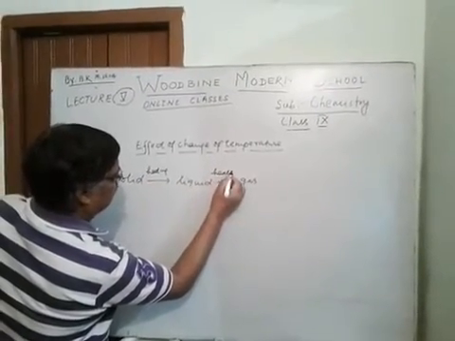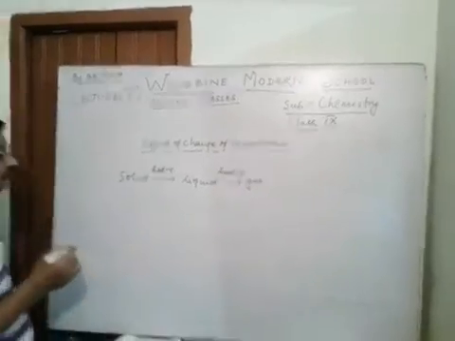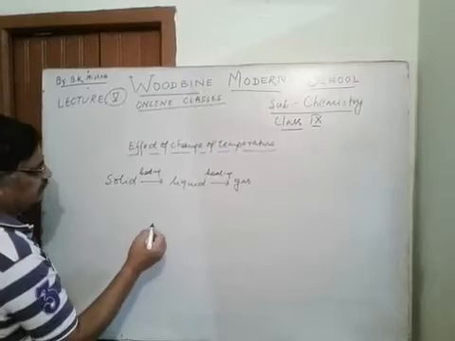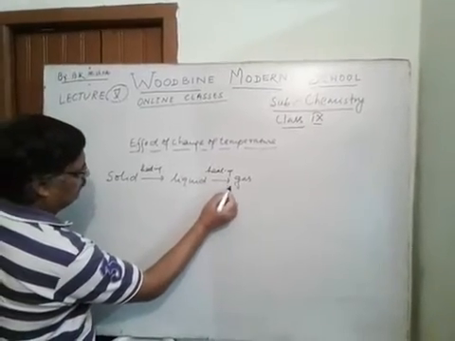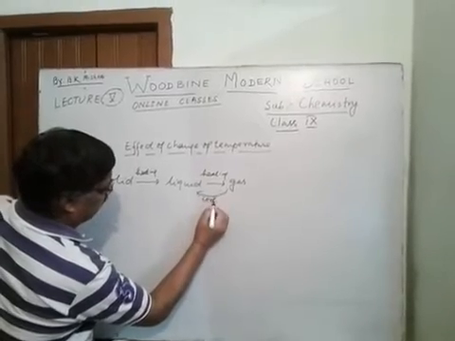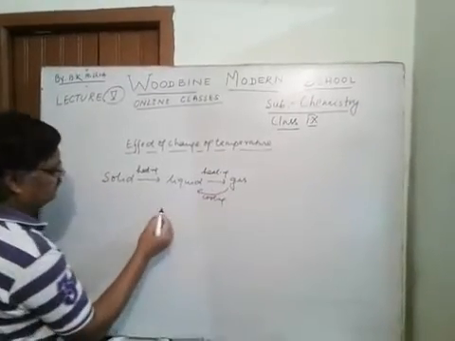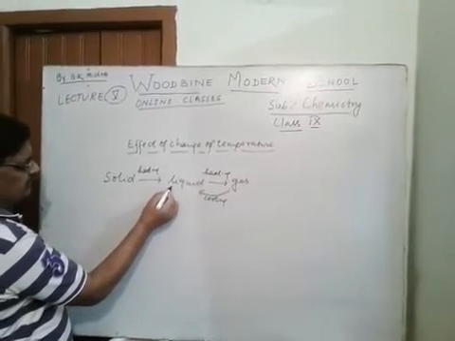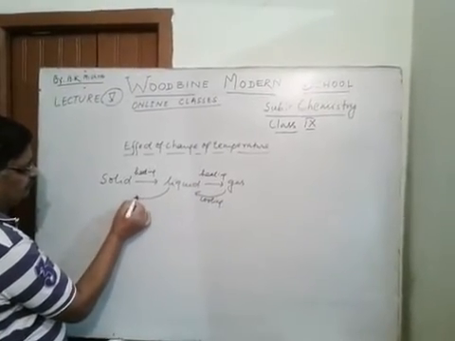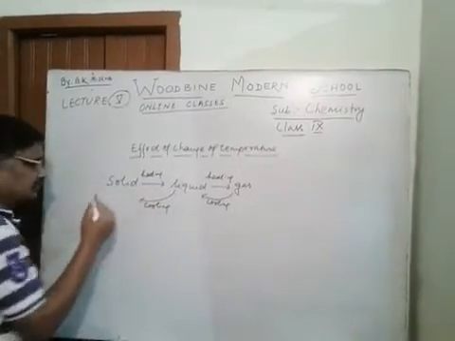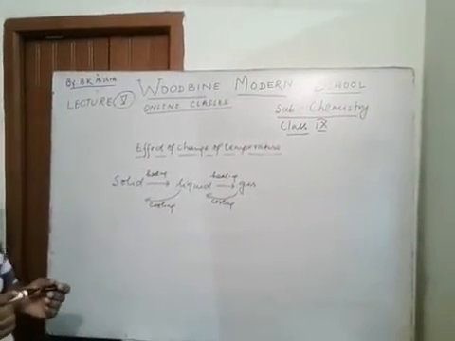By further heating, liquid can be transformed into gaseous state, and in the reverse, gaseous state can be cooled, that is by cooling gas can be converted into liquid, that is also a change in temperature, and by further cooling this liquid, we convert this liquid into solid state.